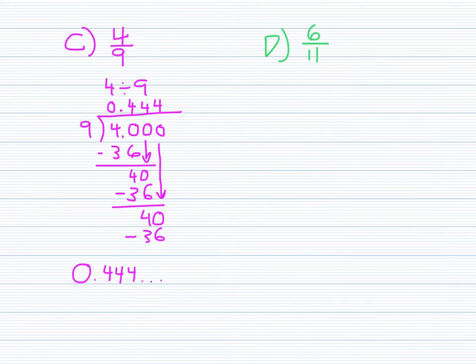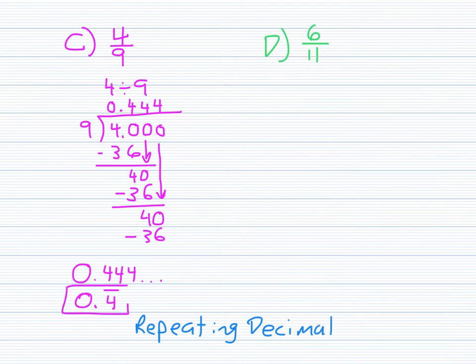That means that 4 is going to keep continuing. This pattern is going to keep going. 0.4 repeating is another way to say this. Another way to write it is 0.4, and we put the line over what's repeating. And this is called a repeating decimal. And that is our answer for 4/9. 0.4 repeating. So we'll put a box around our answer down here.